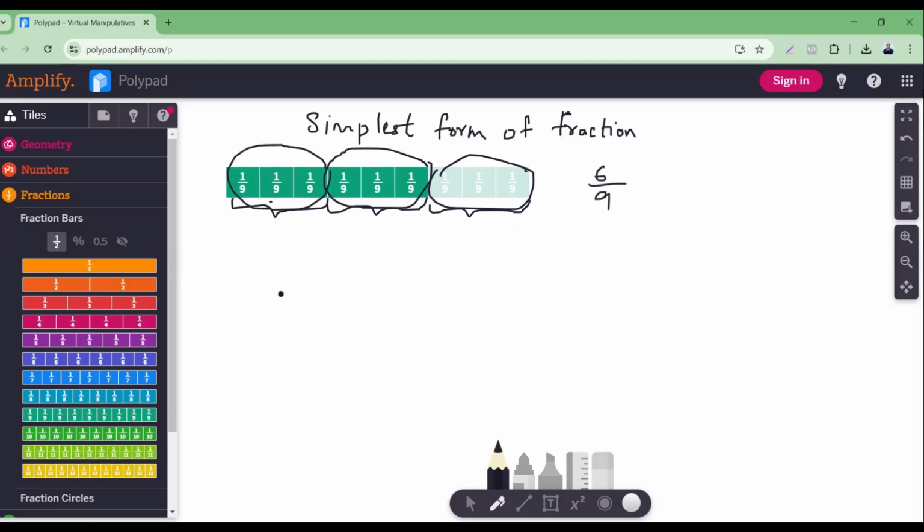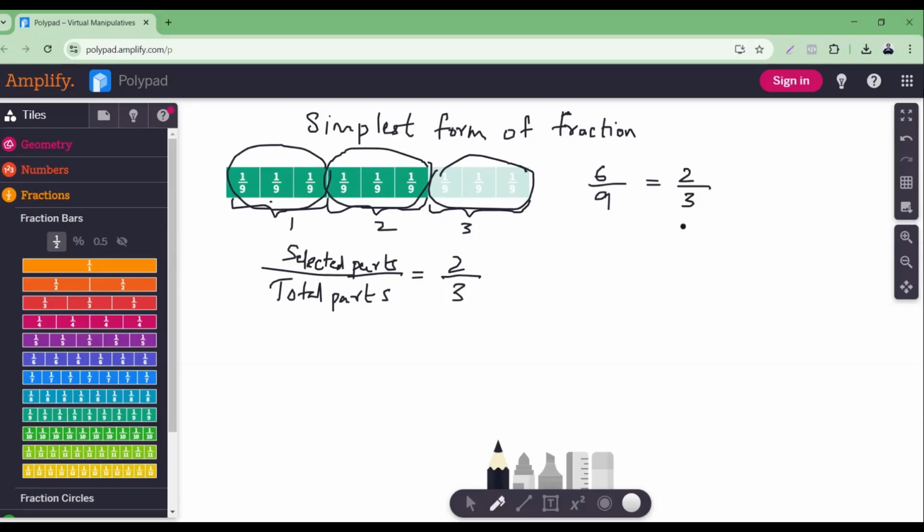We know the total parts and the selected parts. Selected or colored parts. That is the definition of a fraction. If I take the first group, second group, third group, the total parts is three, and the selected, colored parts is two. So this 2/3 is also talking about the same fraction, and that is the simplest form.